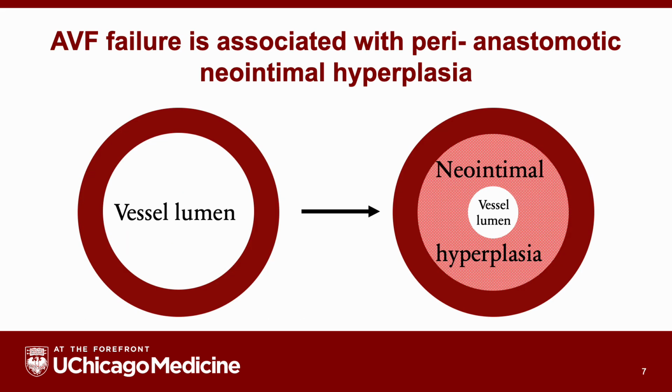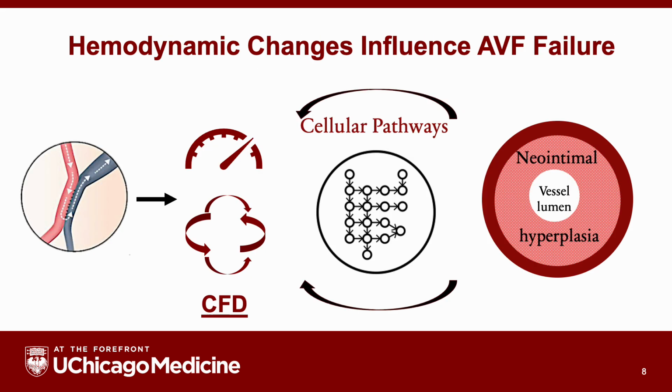AVF failure is associated with perianastomotic neointimal hyperplasia, or the thickening of the vessel wall over time, leading to the closing of the lumen. Yet, the link between hemodynamic changes, especially the spatial gradients of hemodynamic factors such as velocity and turbulence along the vein, to neointimal hyperplasia remains unclear.